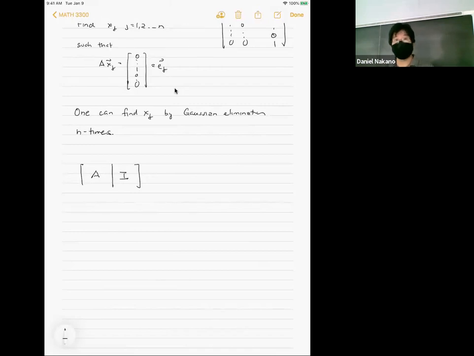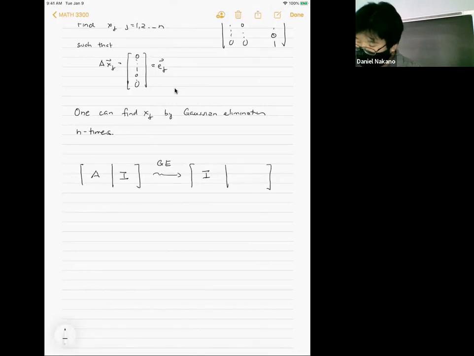And then we'll apply Gaussian elimination to everything. We're going to do row reduction. The idea is to transform the left side from A into the identity. And once we transform this using Gaussian elimination, the right side will just be A inverse.